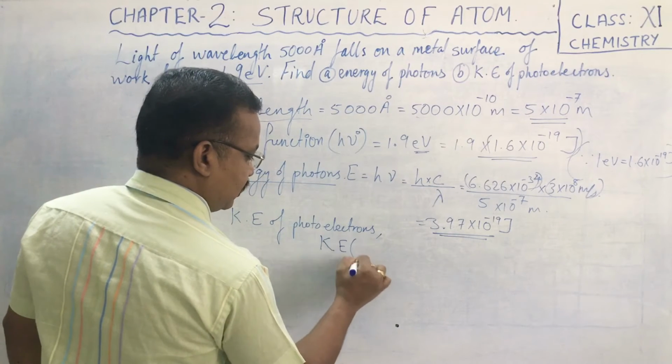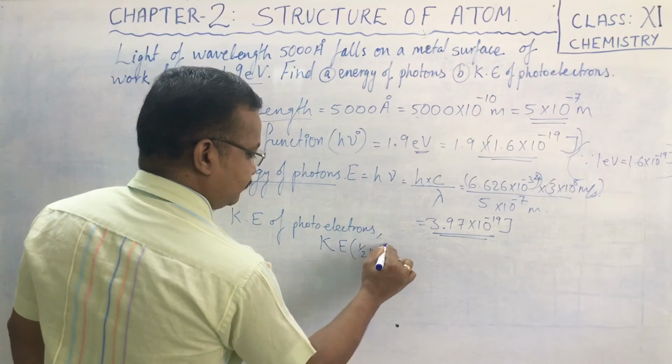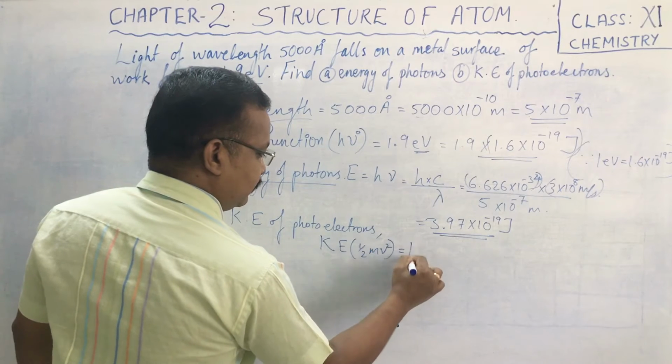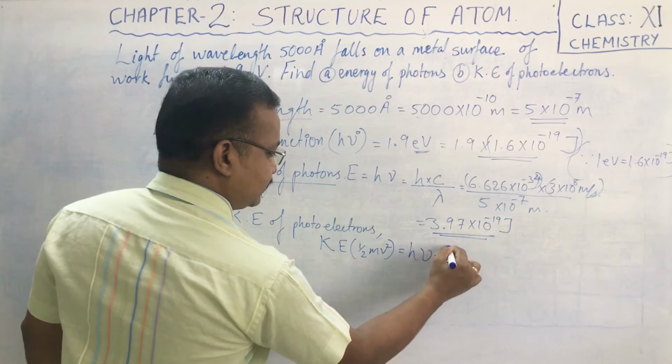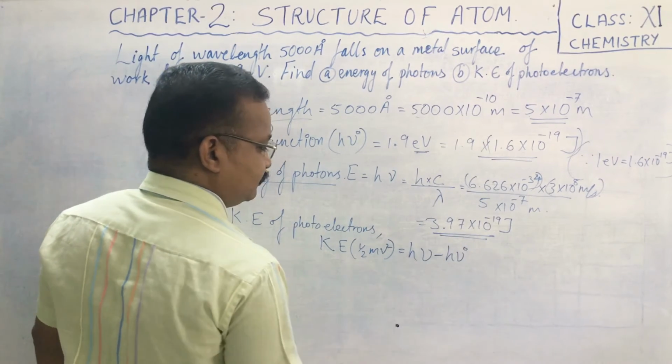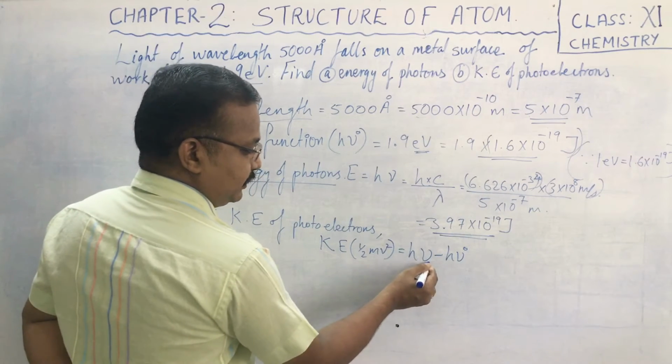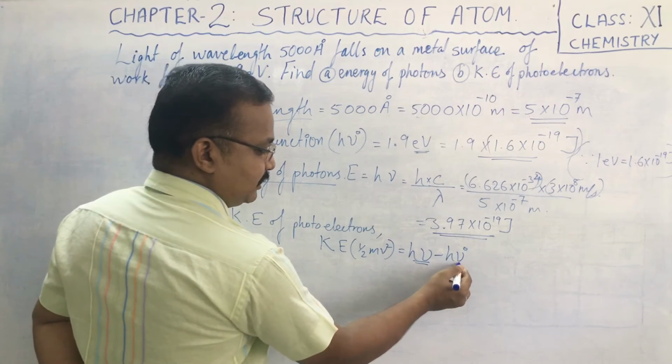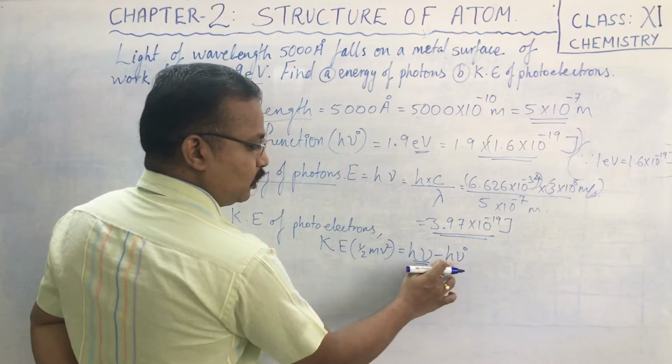KE, half mv square, is equal to h nu minus h nu 0. Children, you know that h nu is the energy and h nu 0 is the threshold energy.